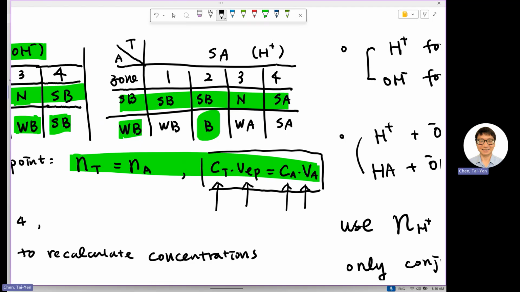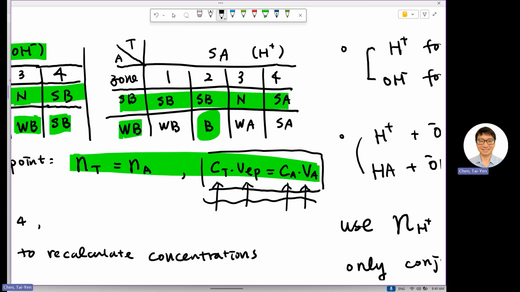The concentration we're going to use in chapter 14 is always the molarity, meaning it's moles per liter, right? So we multiply by the volume and you end up with moles. That's why you use this equation, and it is the equation we'll always use when we do a titration problem.